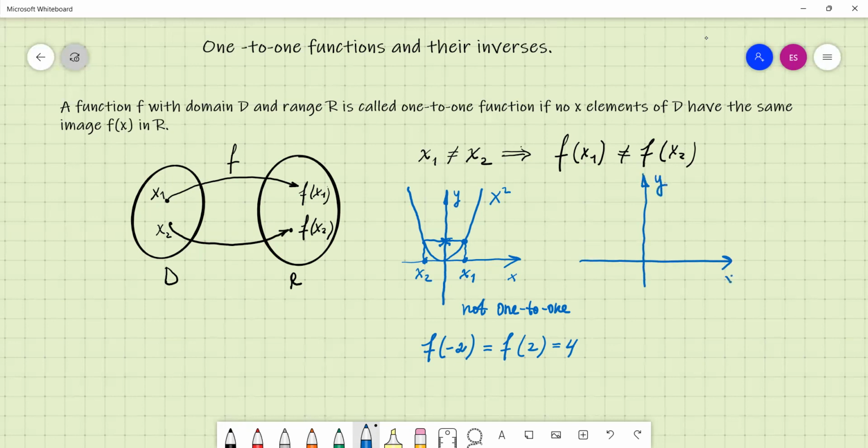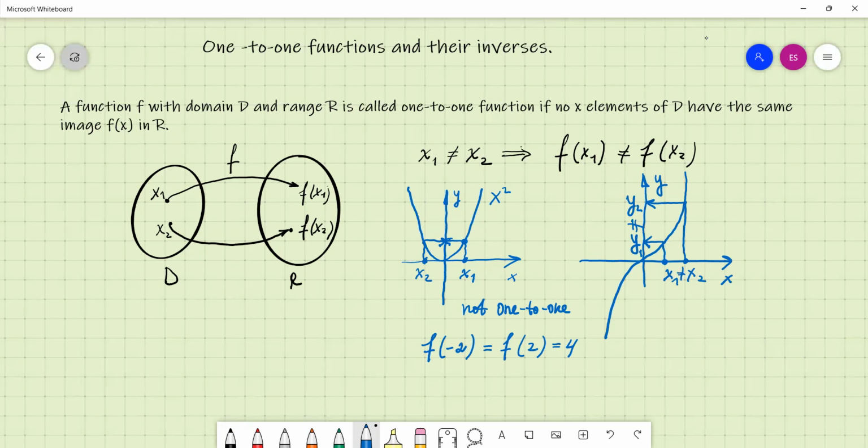So we have y over here, x over here, and the cubic parabola goes like this, right? Every x over here is going to produce a different y over here. So one x is going to produce one y. If you choose a different x, for example x2, it is going to produce a different y, y2. And they are not going to be equal if the x's are not equal.